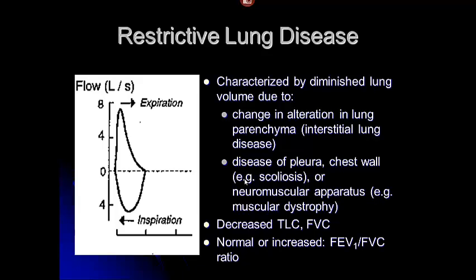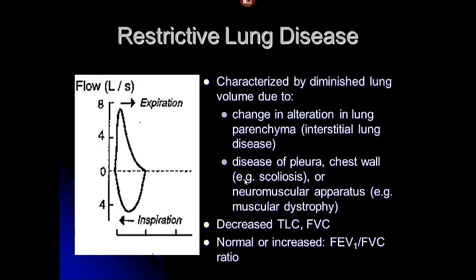Restrictive, on the other side, is a defect characterized by a reduction in total lung capacity below the 5th percentile, but a normal FEV1/VC ratio. Why? Because either outside chest wall wise, or because of the parenchyma being so stiff and scarring like a pulmonary fibrosis, they would have a low inspiration and a low expiration.